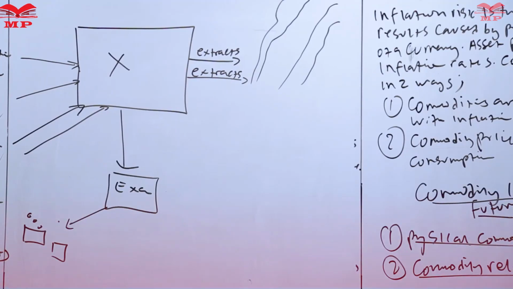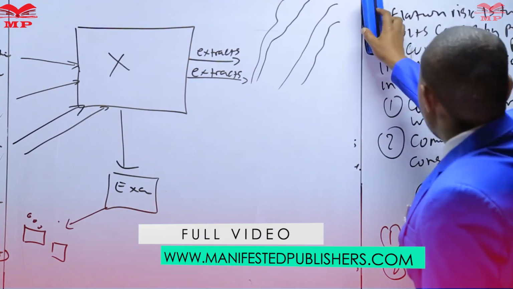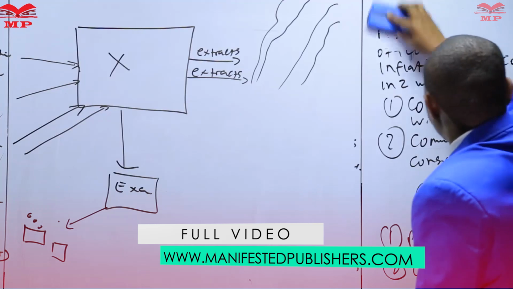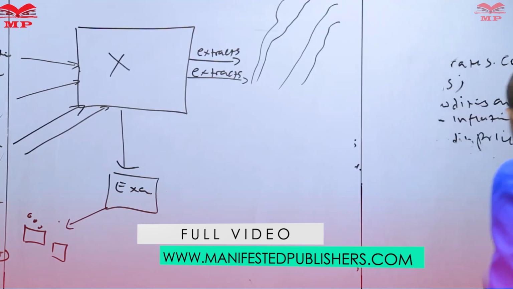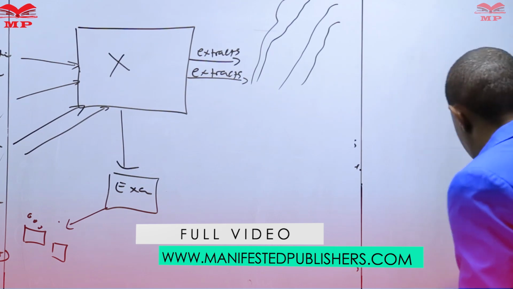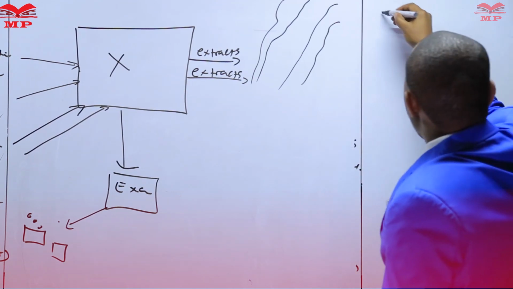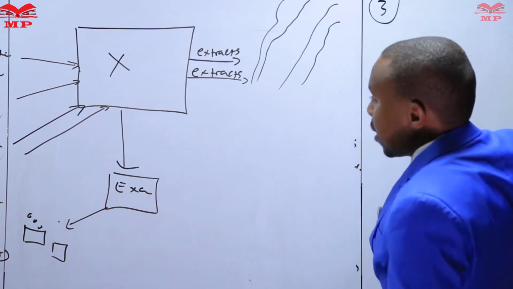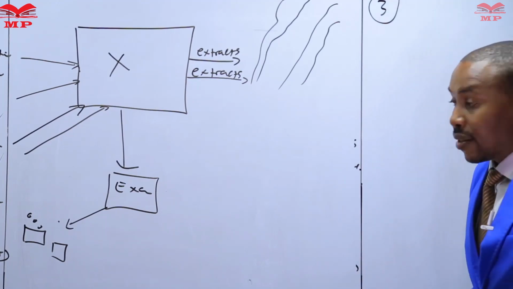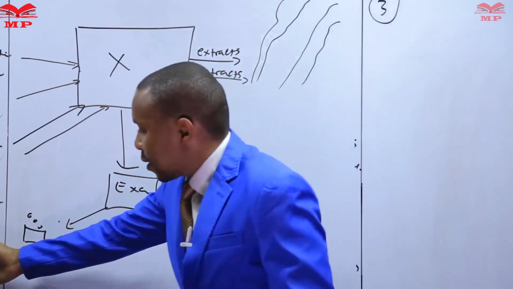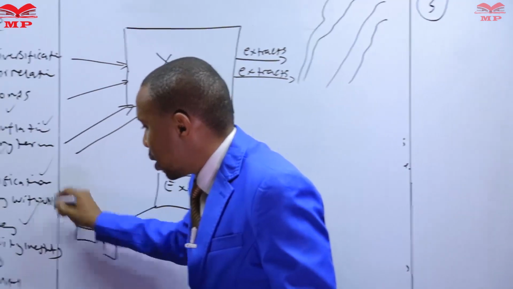The third way, right over here, come on this side. Number 3, we are saying exchange traded funds. This is the third way you can seek exposure.